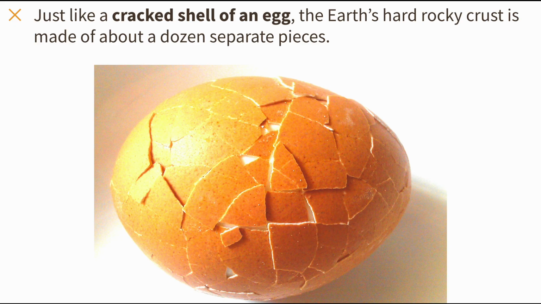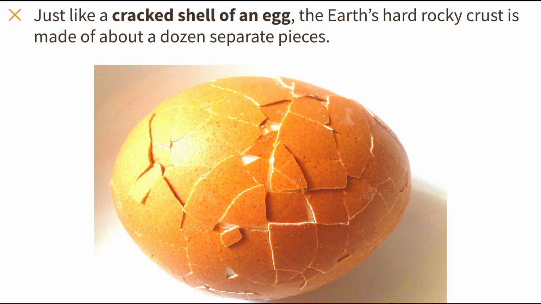So, first point, just like an eggshell can have cracks in it, the Earth's hard rocky crust is also made of a dozen or so separate pieces. Look at this picture. This egg contains probably 50 or 60 little itty bitty pieces of eggshell. The Earth's crust is cracked just like this, except it's not cracked into as many pieces.